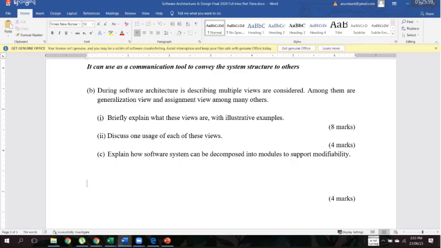If you want to make the system very easily modifiable in the future, what is your solution now?